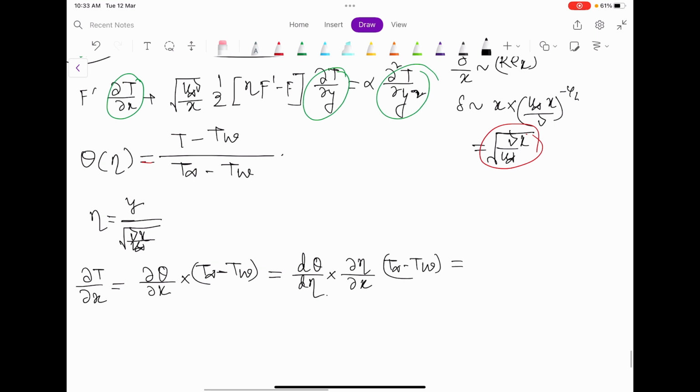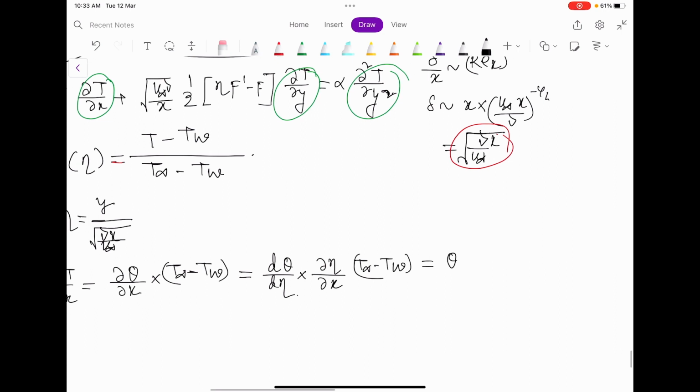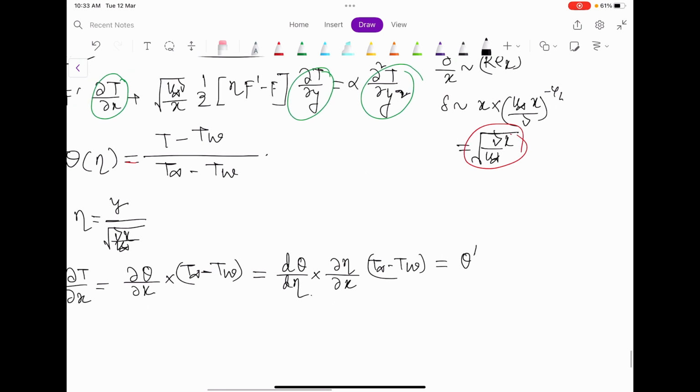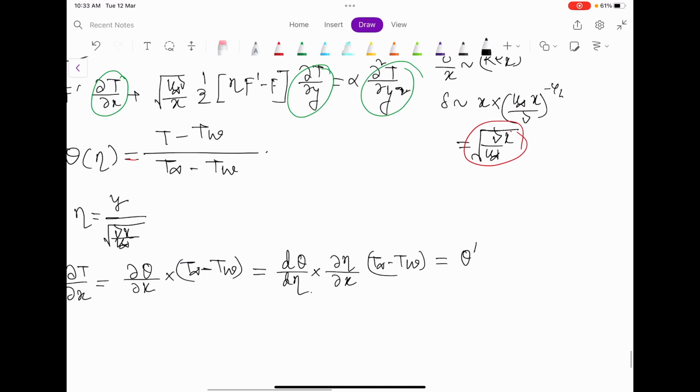So this will be theta dash into d eta del x. Earlier we assumed this to be y into g x, so we could have written g here. I left that up to you as homework.